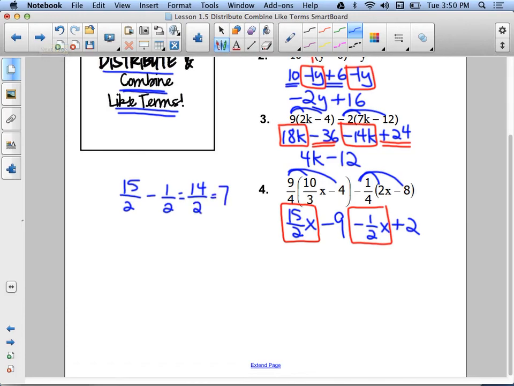So when I combine like terms, I'll end up with 7x. I'm just adding together those two coefficients of x. And now when I say negative 9 plus 2, that's minus 7. And that's our final answer, 7x minus 7.